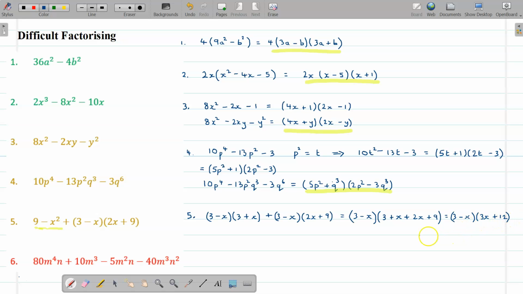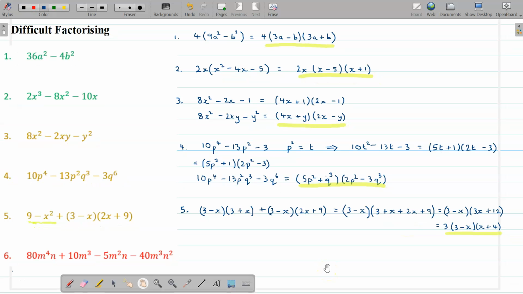So that can actually be finished off by writing it as 3 lots of 3 minus x times a third of this bracket, which is now going to be x plus 4. And that's question 5 completed. So that was using a little trick really to recognize that we have already partially factorized it, and that saves us a bit of time.